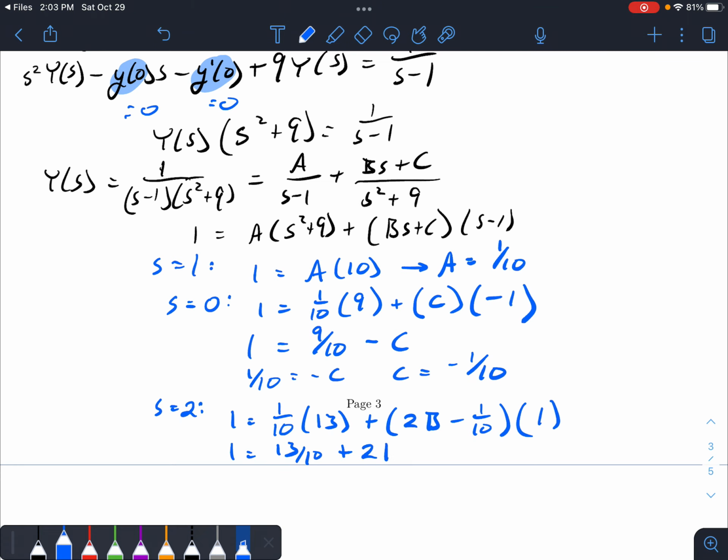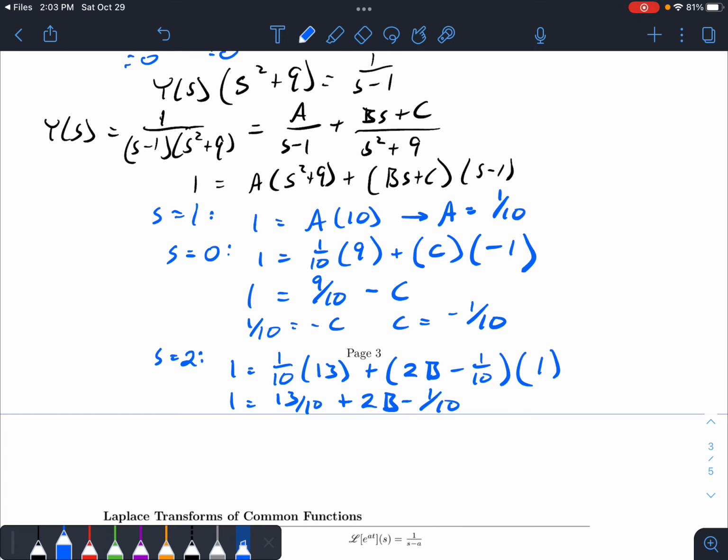All right, so we get 13 over 10 plus 2b minus 1/10 equals 1. So this is 13/10 minus 1/10 is 12/10. So negative 2/10 is equal to 2b.